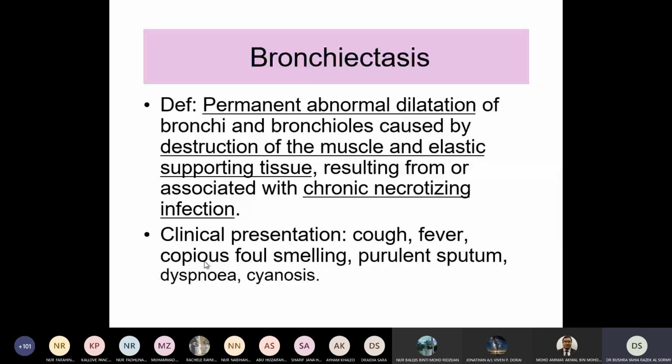Foul-smelling means a lot of sputum. Sometimes they can cough up half a cup of sputum, and it is purulent, usually yellowish to green in color, because of the infection actually.